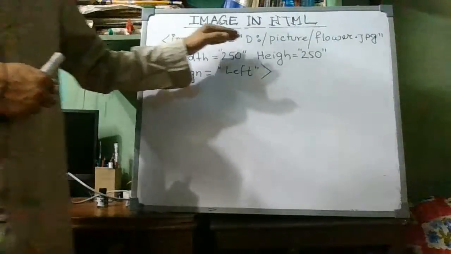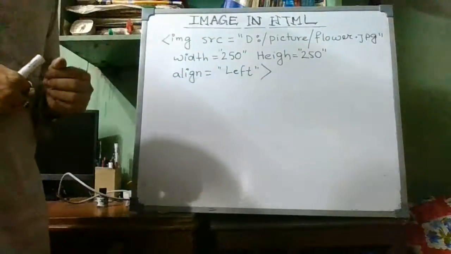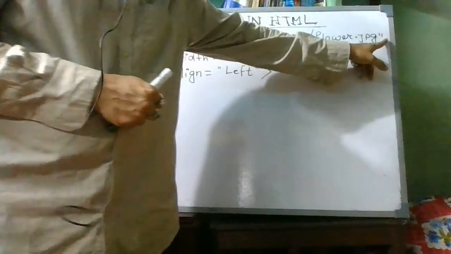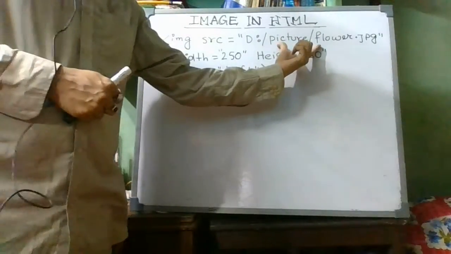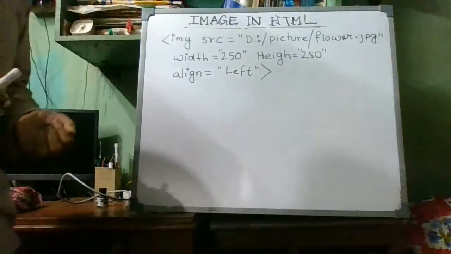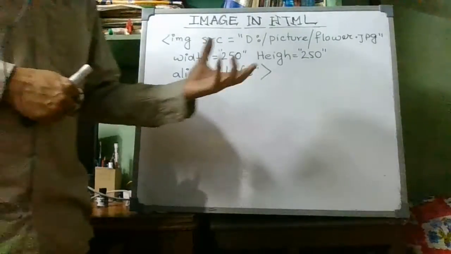When the path of your picture is completed, you end with the double quotes. So this entire thing is the path name of your image file, from where the image will be brought into the web page.